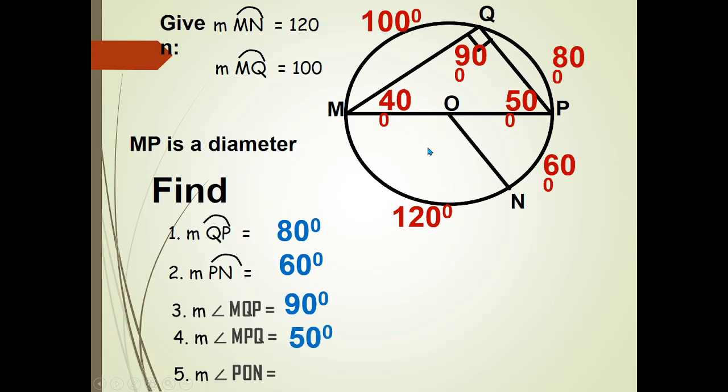The measure of angle MPQ is 50. And the measure of angle PON is 60 because it is a central angle, and this is its intercepted arc. So that is how to answer that kind of question.